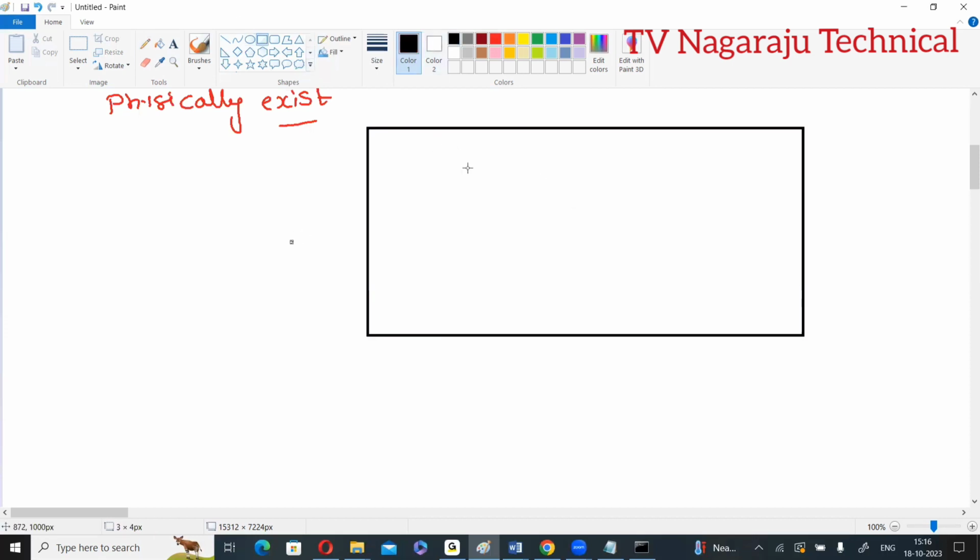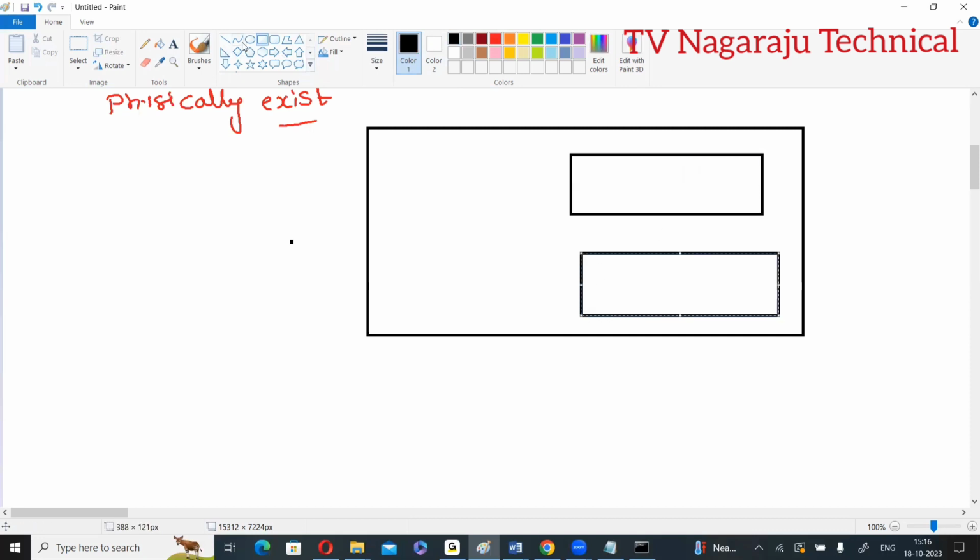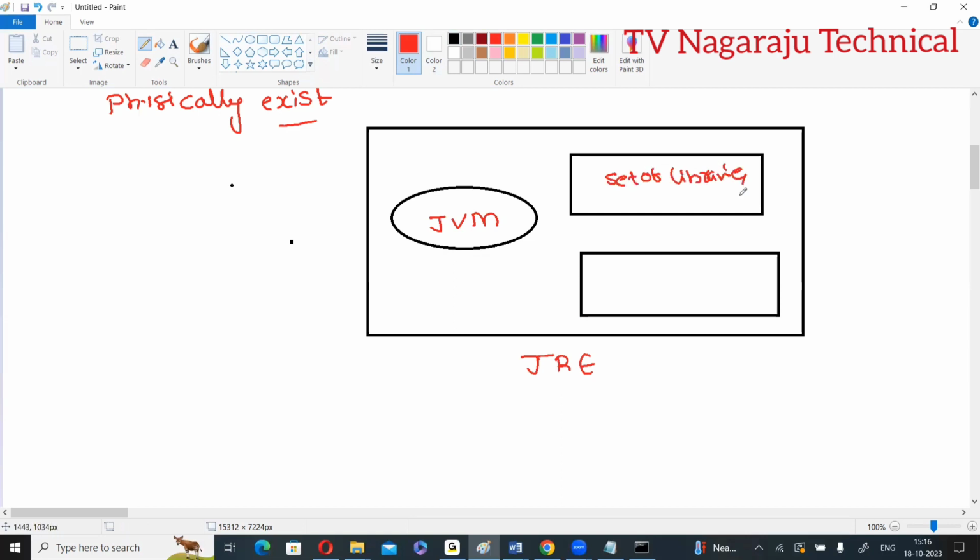Internally, what does the JRE consist of? This one is JRE. It consists of JVM along with libraries. Simply, these are the libraries, along with some other files, some supporting files for the library.